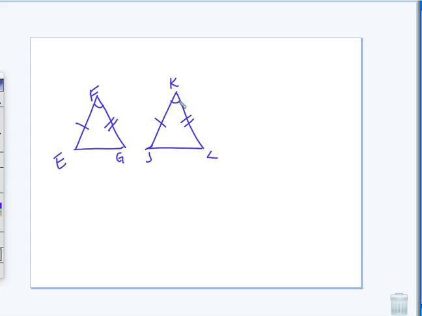So I look at what I'm given and I decide, do I have enough information to prove that these 2 triangles are congruent? Because here's the reality. I know nothing about these sides. I know nothing about these angles. I just have the 3 pieces of information they give me. If that information falls under side-side-side, side-angle-side, or hypotenuse leg, then I have enough information to prove that the 2 triangles are congruent.